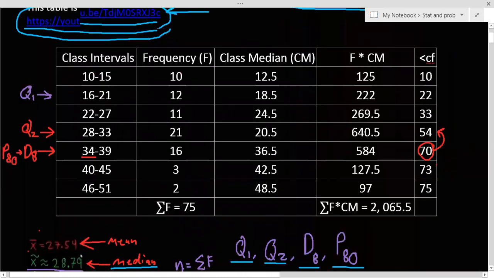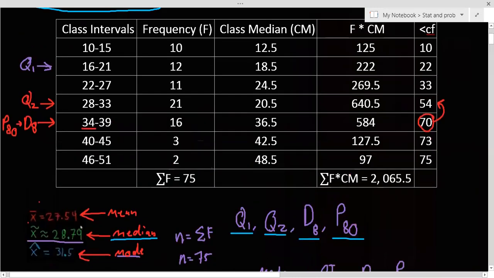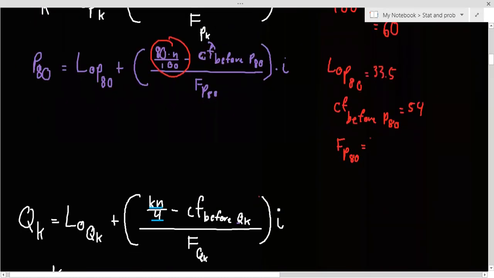So that would be our CF before P80. So this is 54. Now the frequency of the 80th percentile: look at the class interval 34 to 39, we have 16. So that is 16 as our answer.